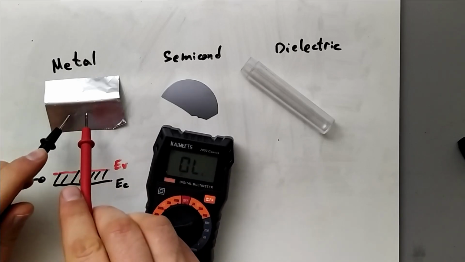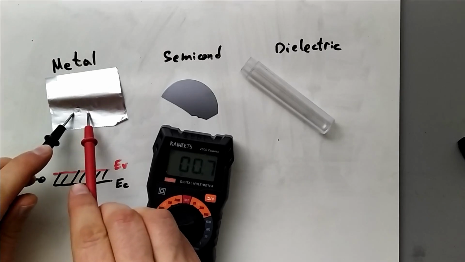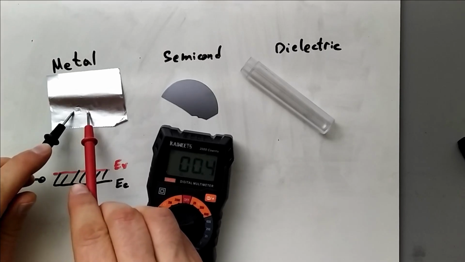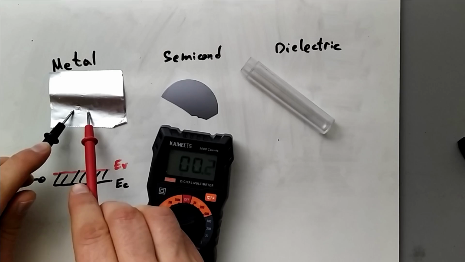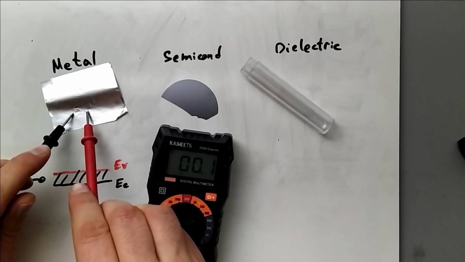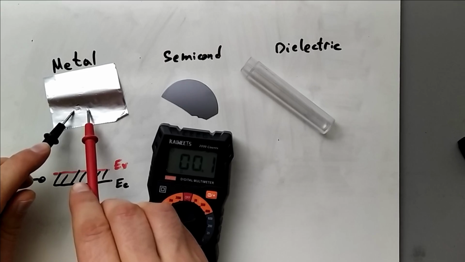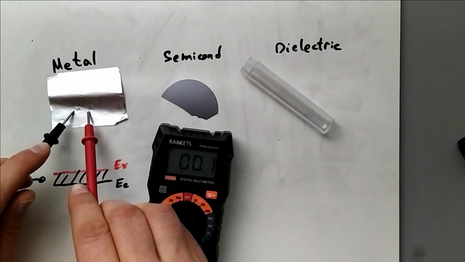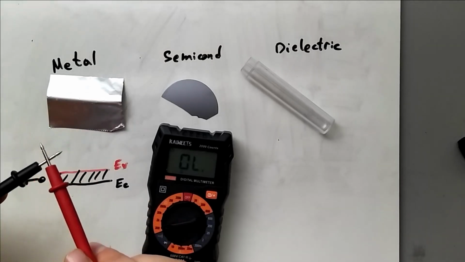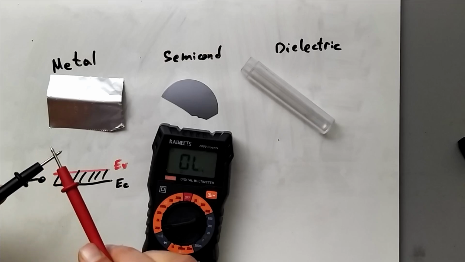Now if we place the electrodes, we see that it shows us 5, 4, 3 ohm, depending, actually it's about 0.1 ohm. So we see it's a short circuit, because if we make a short circuit with these tips, we also see such very low values.